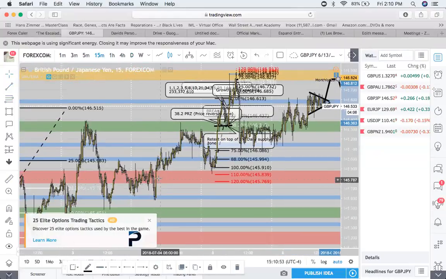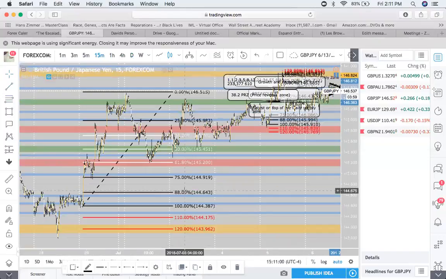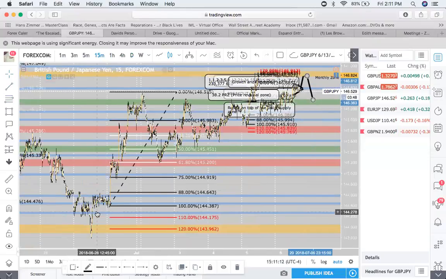My assessment from last week was that the market, especially GJ, was going to be bullish. And the market has been bullish. All right. So I wanted the market to go back to the zone because one thing I learned about zones is that they need to go back to one another eventually.